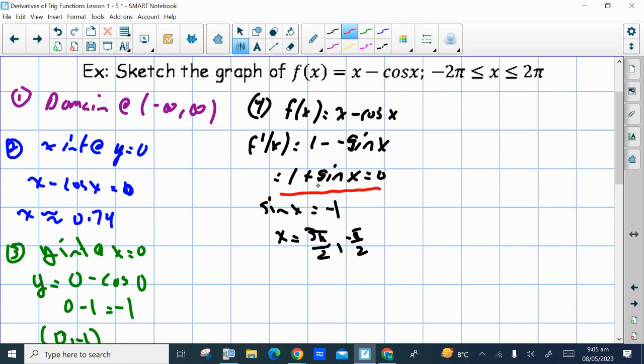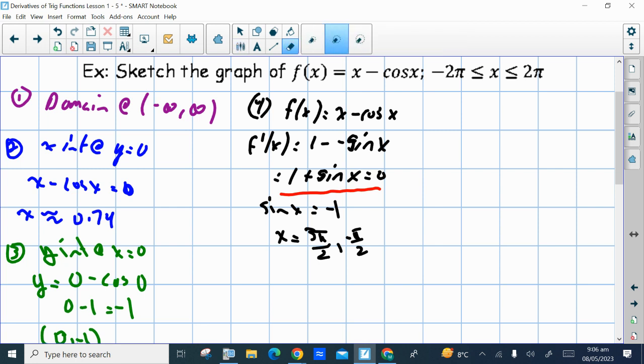It could be 0 at 3 pi on 2 and negative pi on 2, that is true, but it's never negative. So that means that the first derivative is never negative, it's always going to be positive. There are a couple places where it's 0, but every other place the graph is above the x-axis, meaning the value of it is positive, meaning that the graph of x minus cos x is always increasing.